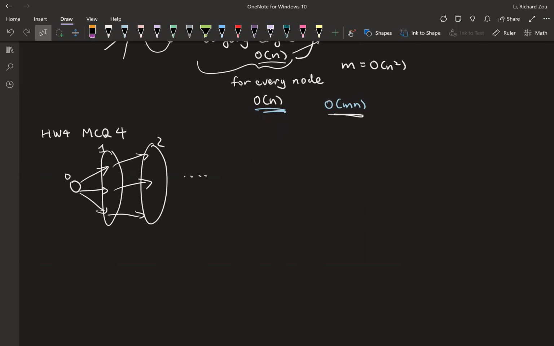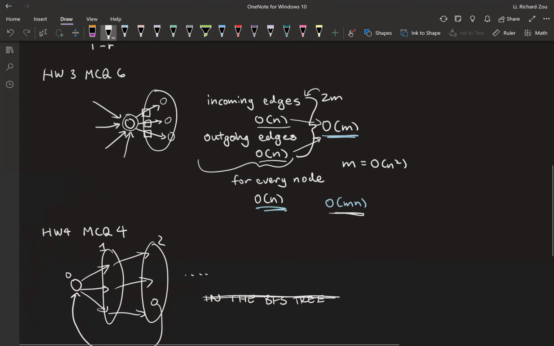But this does not say anything about the BFS tree. This is asking about any directed edge. And any directed edge, well, some node in the second layer can still have a directed edge backwards to layer 0. But this just doesn't get included in the search, right?